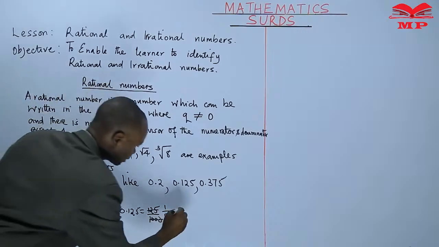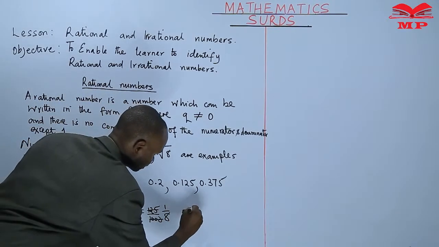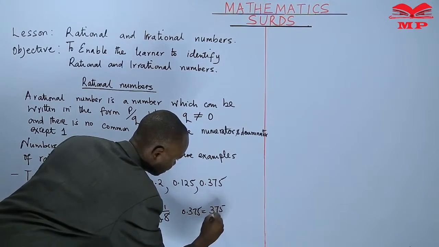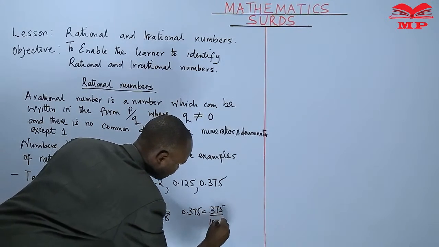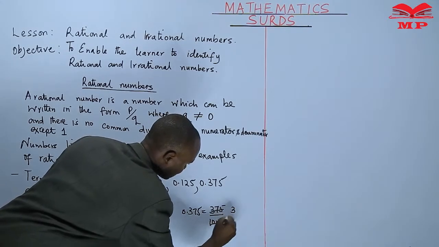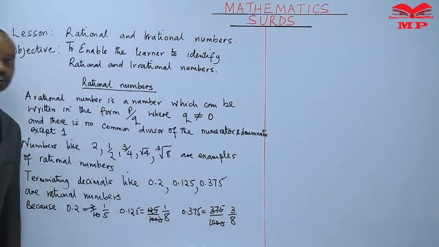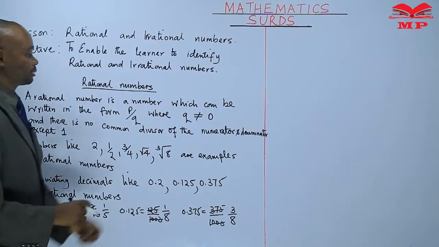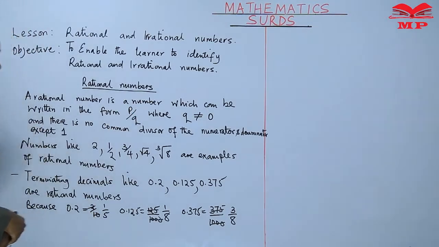If you write 0.375 as a fraction, it is 375 over 1,000. 125 goes into 375 three times, and into 1,000 eight times. You see, you get a rational number. It can be written in the form of P divided by Q.